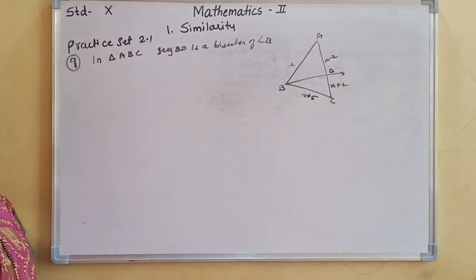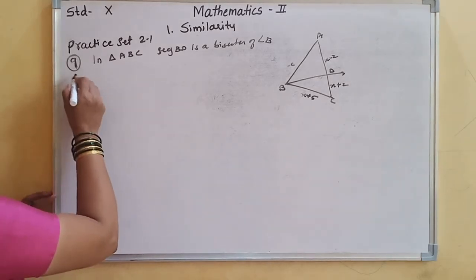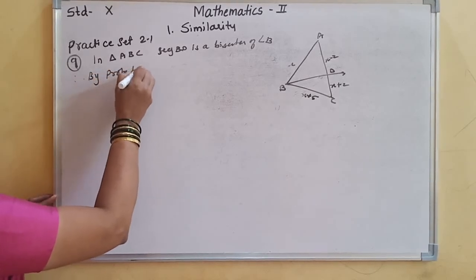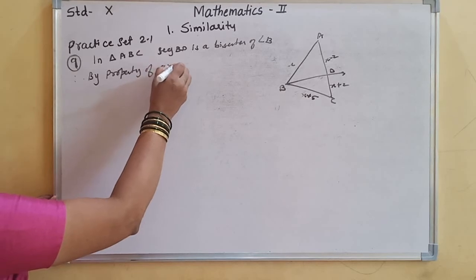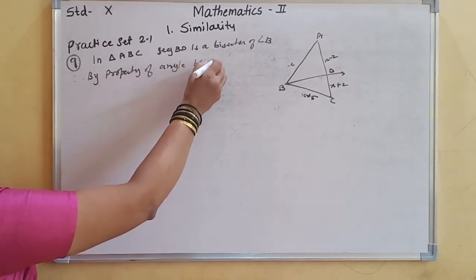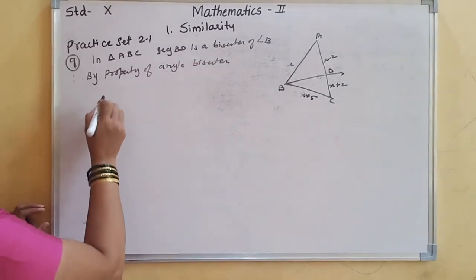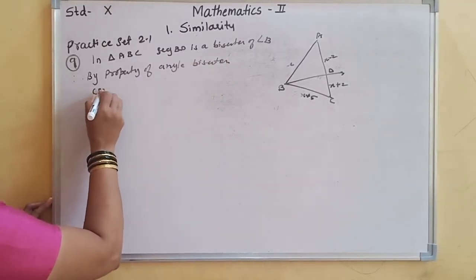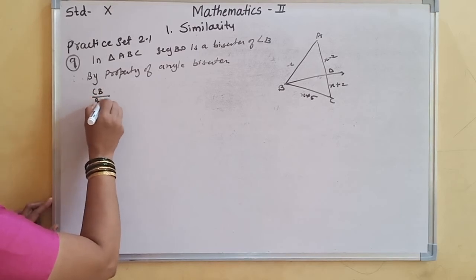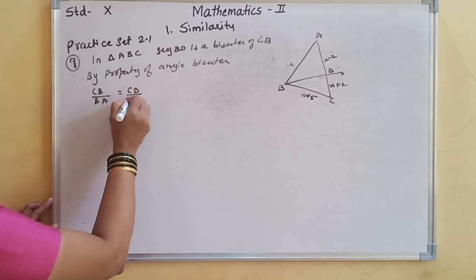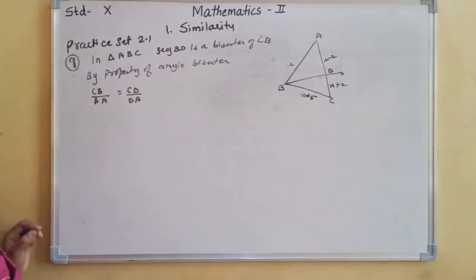Now, by the property of the angle bisector theorem, what we will get? CB upon BA is equal to CD upon DA.